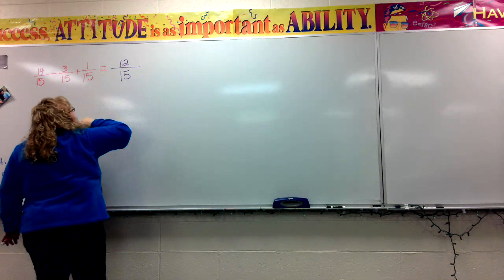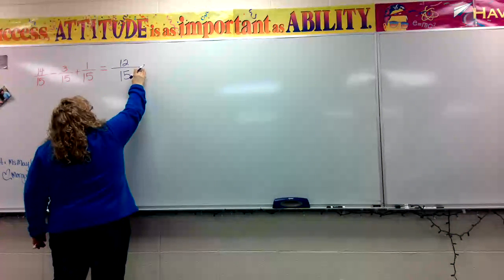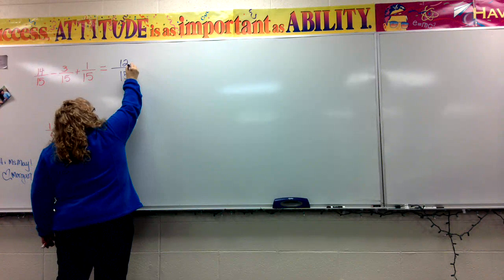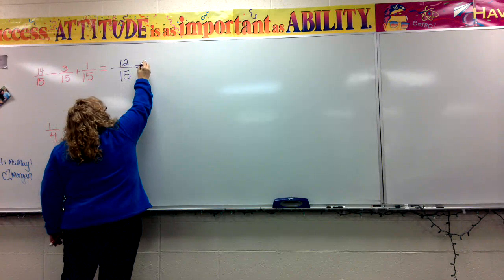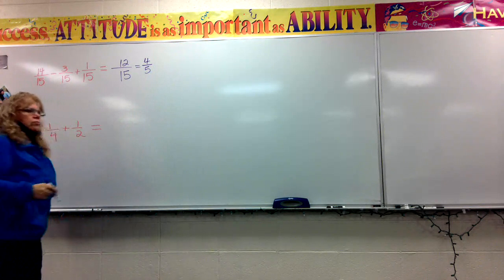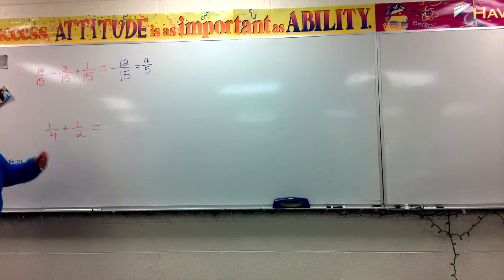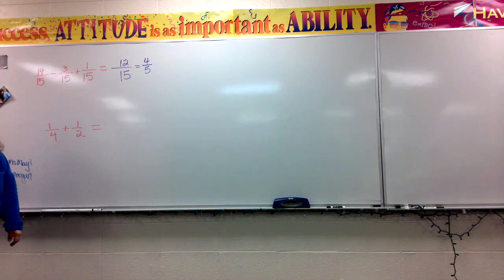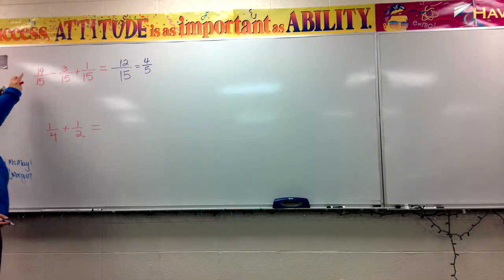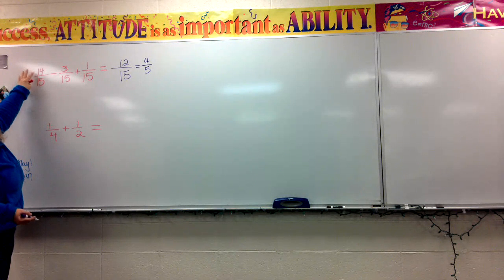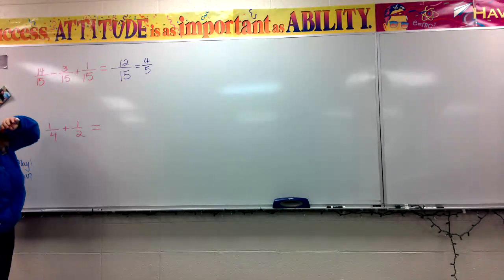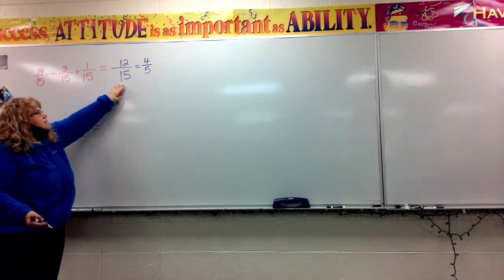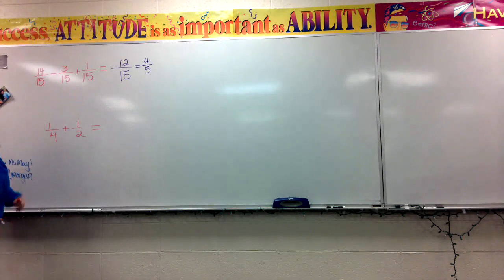So you get 12 over 15, which you could reduce, right? Divide by 3. What does that come up to be? 4/5 maybe? Yeah. But the part that we're concerned about is you need to have a common denominator and you need to then just add and subtract the numerators, leave the denominator alone.